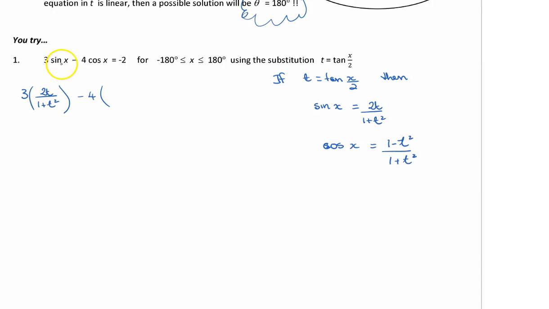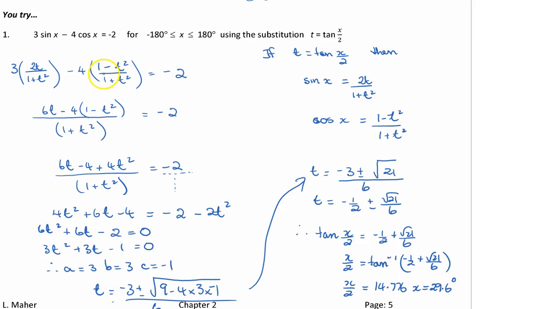So you can see I've started to do that: 3 times the expression for sine of x, and I've gone on and substituted for cos of x, which then, completing the equation, gives equal to minus 2.